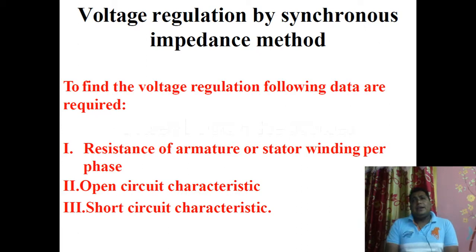In general, the resistance of the armature is found out by DC resistance test, and then there are two setups, known as open circuit test and short circuit test. After doing those three experiments, we can find out the resistance of the armature, open circuit characteristics, and short circuit characteristics. From there, we can find out the voltage regulation of a particular alternator.